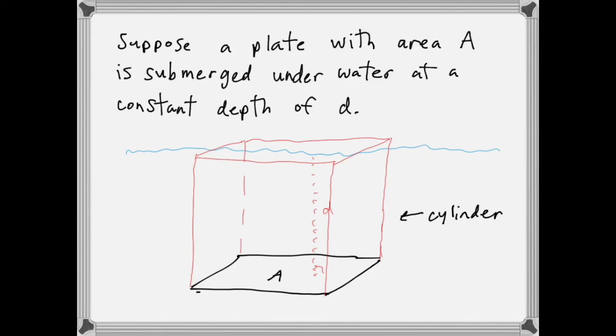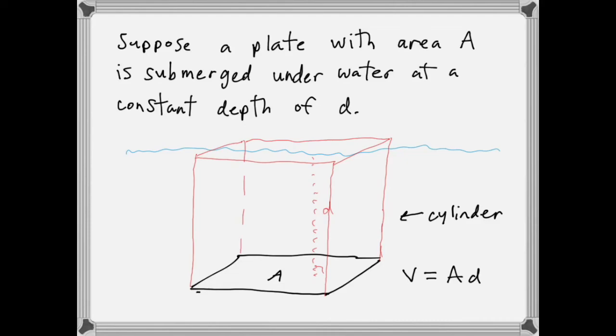So, what we want to talk about is how much water is above this plate. So notice the volume is actually equal to the area times the depth, okay? And if we had the length and width of the plate at the bottom, we would say that just length times width times height is going to give us the volume.